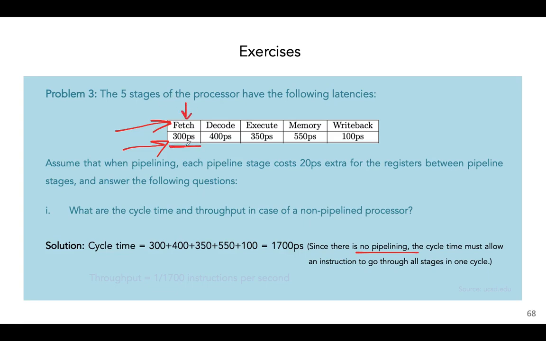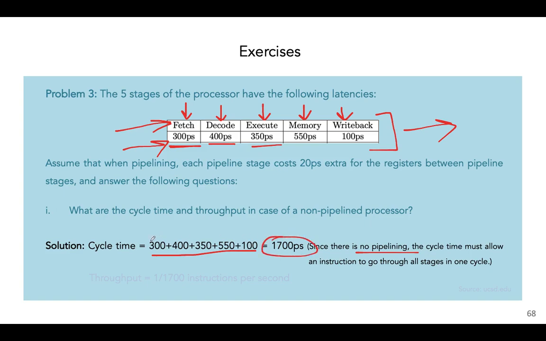The instruction will first go through stage 1. It will take 300 ps to be executed. Then the instruction will move on to the next stage. This stage will add an additional delay of 400 ps. Then the instruction will move on to the third stage, where it will take 350 ps to execute, and so on. And by the time it passes through all the stages, it would have taken 1700 ps.